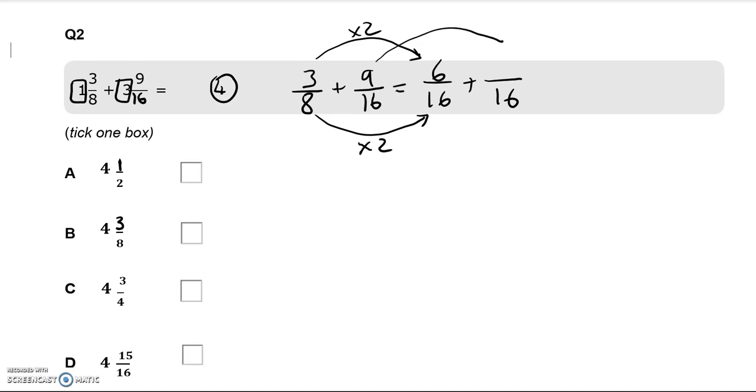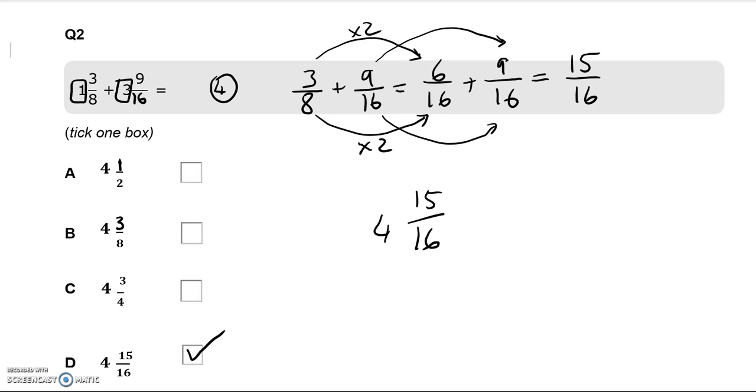Now we'll transfer these over, because they don't need changing. 6 and 9 makes 15. So this is equal to 4 and 15/16, which is option D.